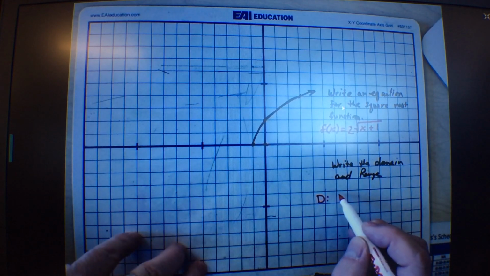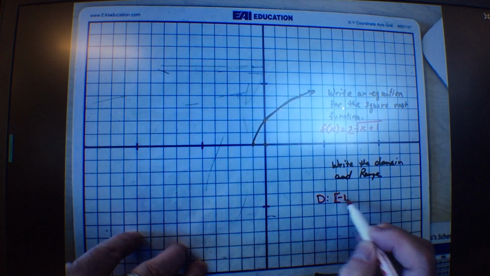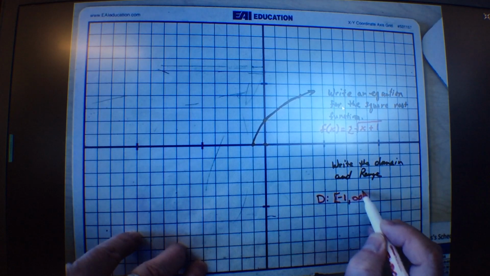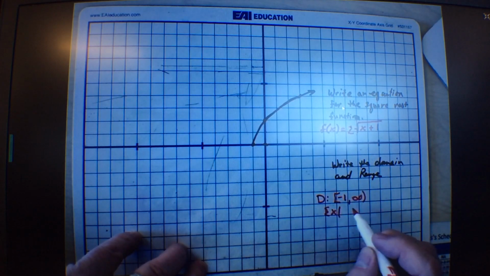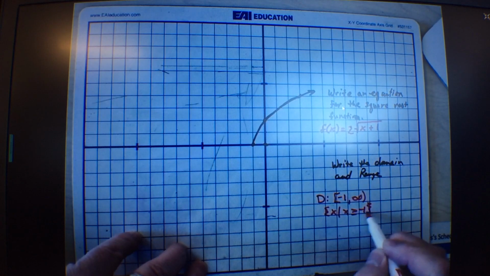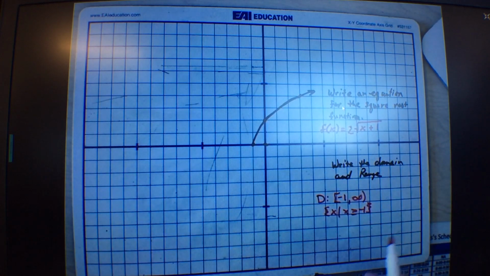Does it touch negative 1? Yeah. Okay, and where does it go? To infinity. Now on the test, this will be in set builder notation also. So x is greater than or equal to negative 1. These are the same, right? You understand that?